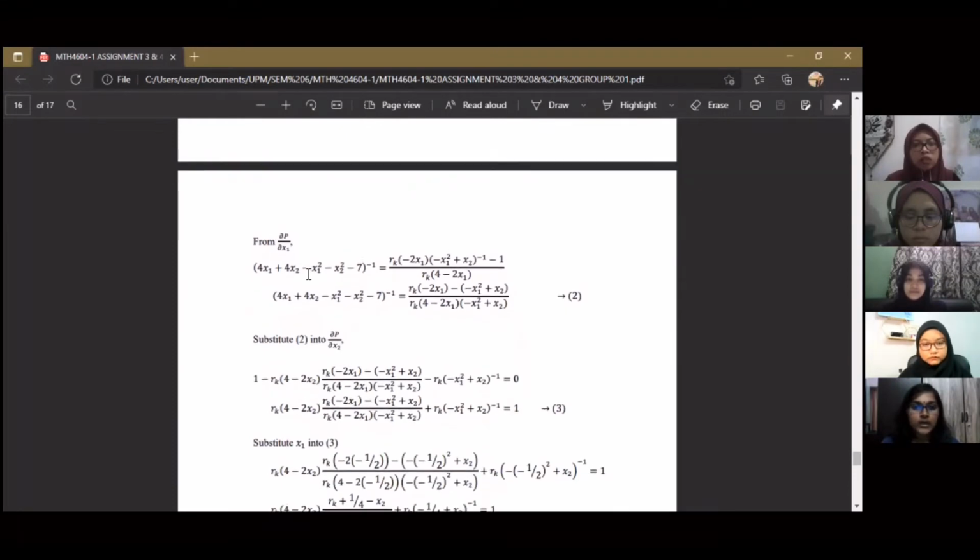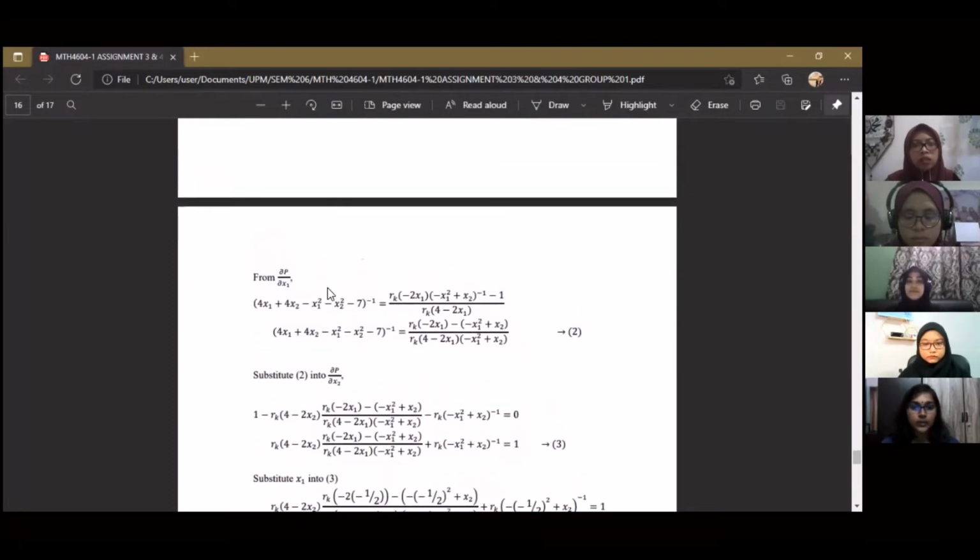From dP/dx1, we have (4x1 plus 4x2 minus x1 square minus x2 square minus 7) power of negative 1 equal to rk (minus 2x1)(negative x1 square plus x2) power of negative 1 minus 1 over rk (4 minus 2x1).